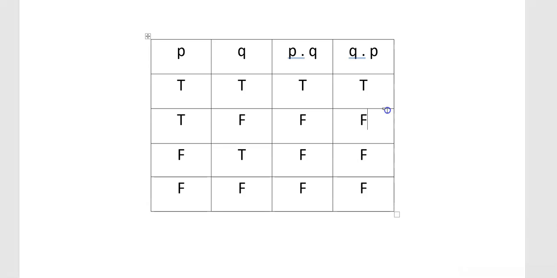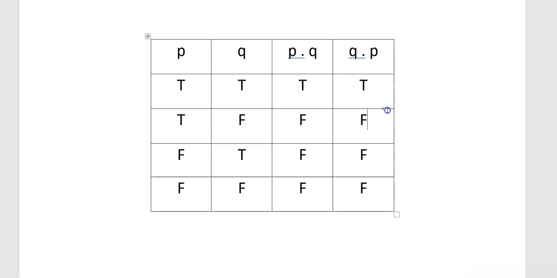In fact, the total outcome is the same, right? Whether you are putting rice first or pulse first in your plate, it hardly matters because both are going to be mixed, right? So in that sense, P dot Q means the same as Q dot P.